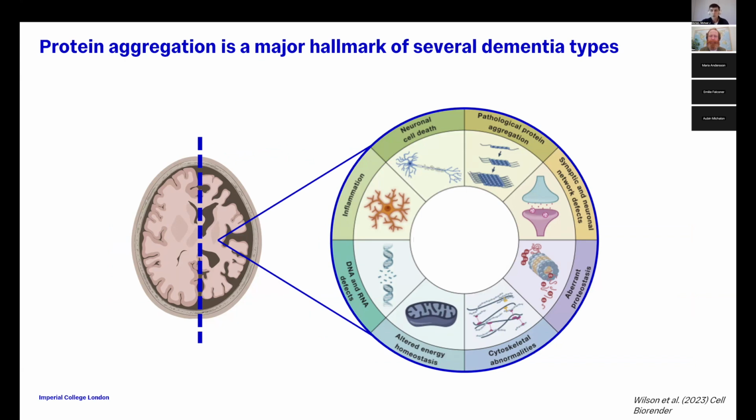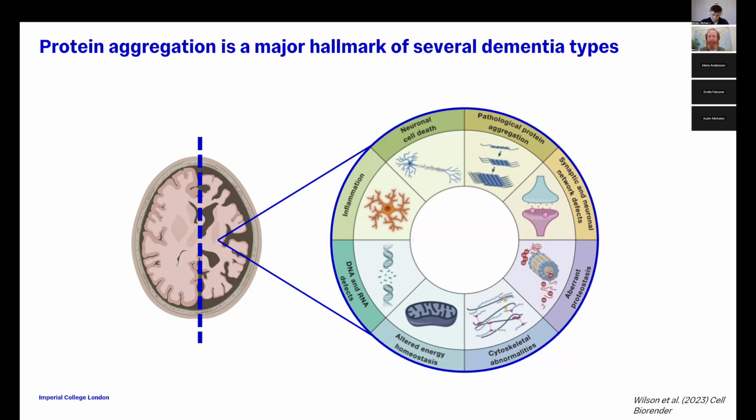But they're not the only hallmark. And the important thing to note here is that none of these hallmarks exist in isolation, and they're all connected somehow. To give you a brief journey through some of them, we can see how decline in proteostasis is linked to accumulation of protein aggregates, and these in turn are able to disrupt mitochondrial function.